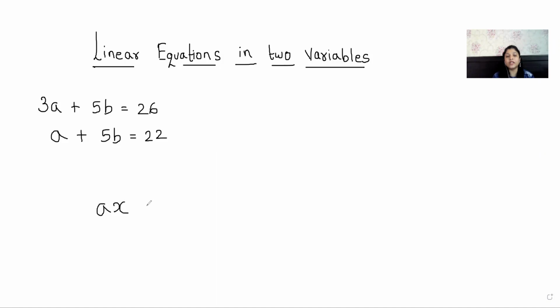The standard form of the linear equation in two variables is ax plus by is equal to c. Sometimes c can be on the left hand side also. We may also write the standard form as ax plus by plus c equal to 0.